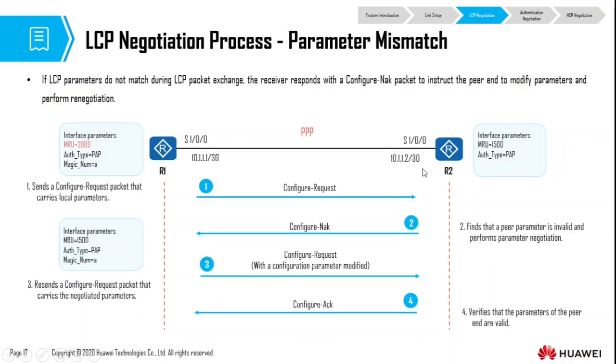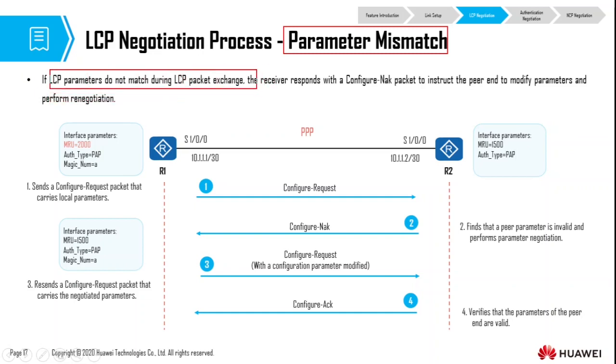Okay, the next one here is an example where we have what we call a parameter mismatch. If LCP parameters do not match during LCP exchange, the receiver responds with a configure NAK. NAK is a not-acknowledged packet to instruct the peer end to modify parameters and perform negotiation.